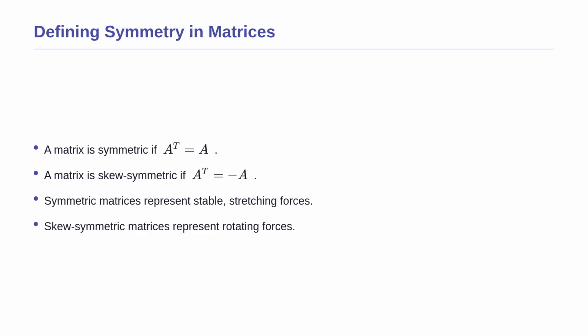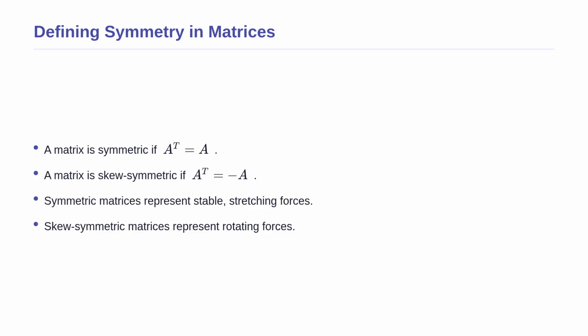Now that we understand the transpose, let us look at how it defines symmetry in a mathematical sense. A matrix is called symmetric if swapping its rows and columns changes absolutely nothing. The original matrix and its transpose are perfectly identical. Conversely, a matrix is skew-symmetric if swapping its rows and columns produces the exact negative of the original matrix.